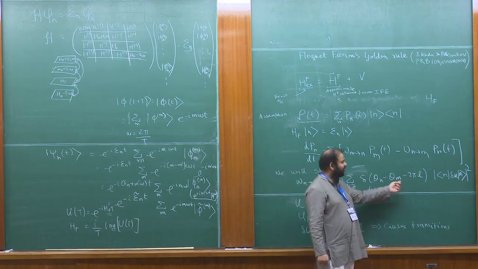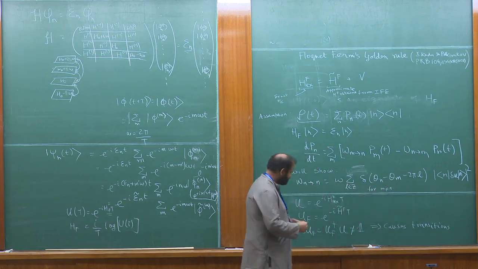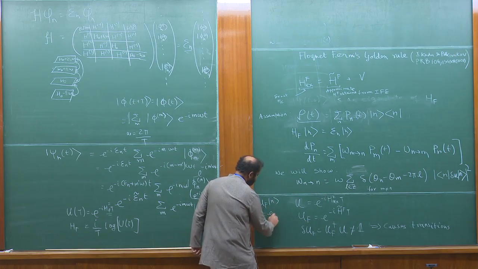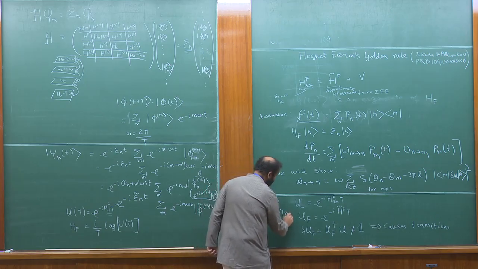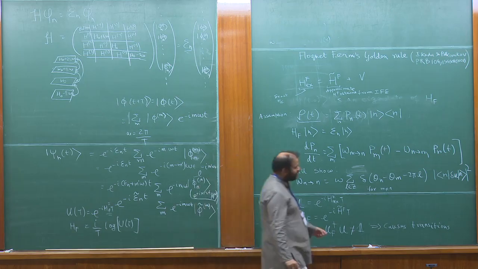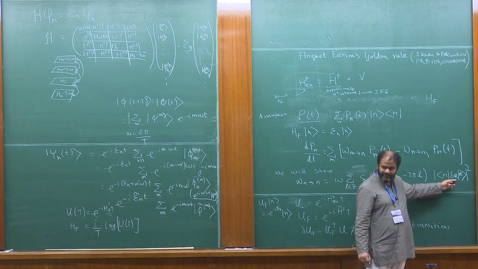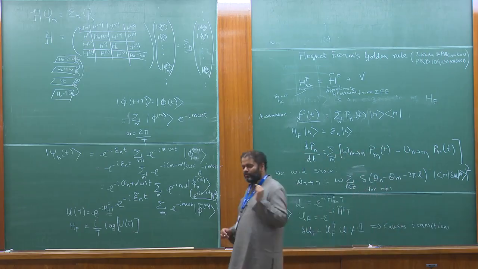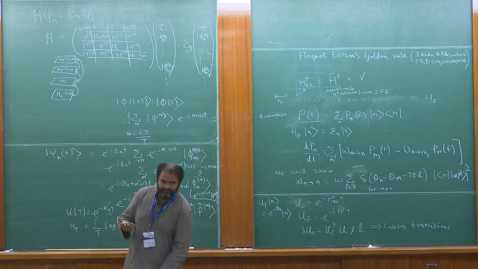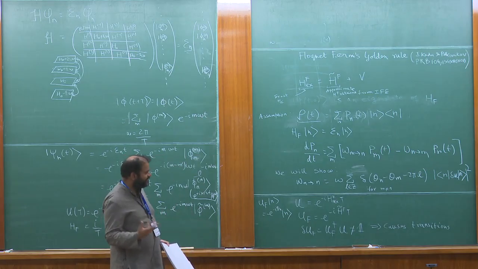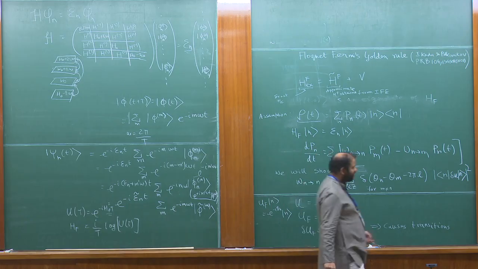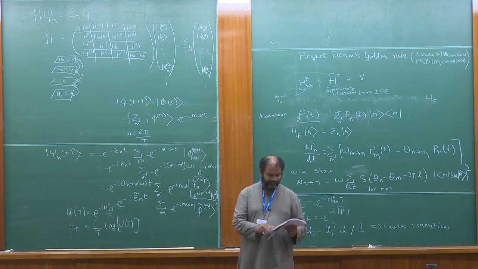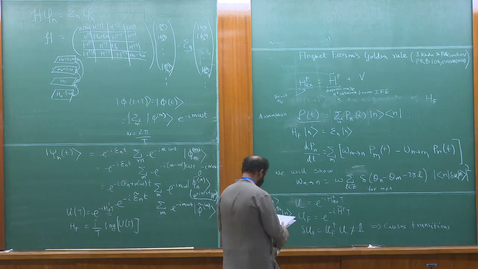I have written it in terms of thetas because UF n is e to the power minus i theta n n, okay, and then I have this part here which causes the transition. So I have written everything in terms of delta U, not as a small perturbation to the Hamiltonian. If V was small, in certain cases one can write this as a small perturbation, but I've generally written it as delta U. This is fine, okay. So this is what we will sort of prove here.